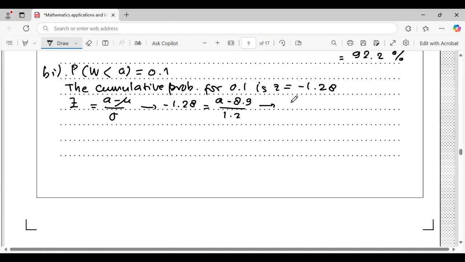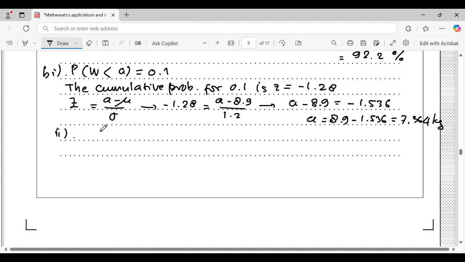So A minus 8.9 equals this number multiplied by this number, which is minus 1.536. So A equals 8.9 minus 1.536, which is 7.364 kg.